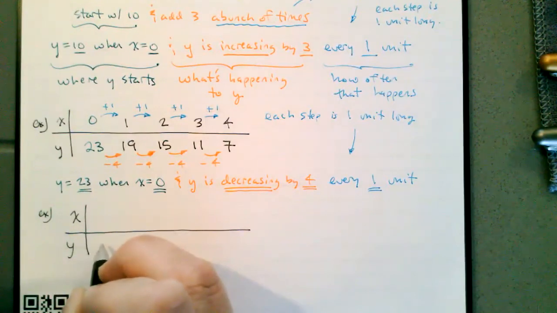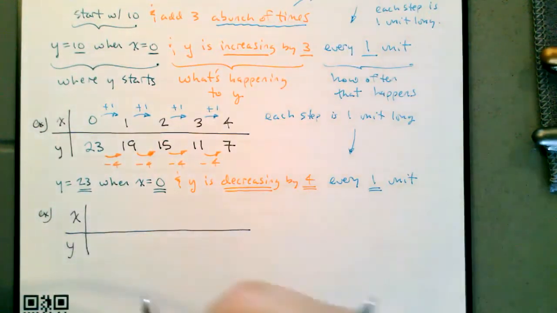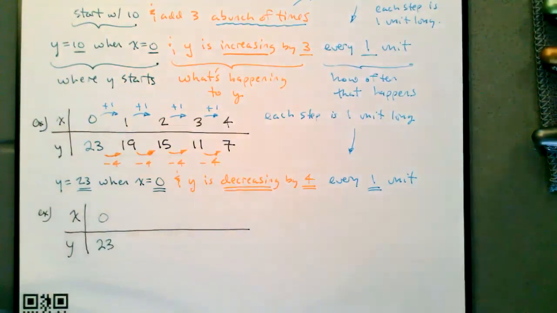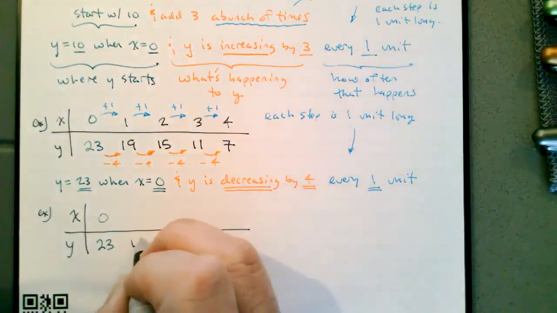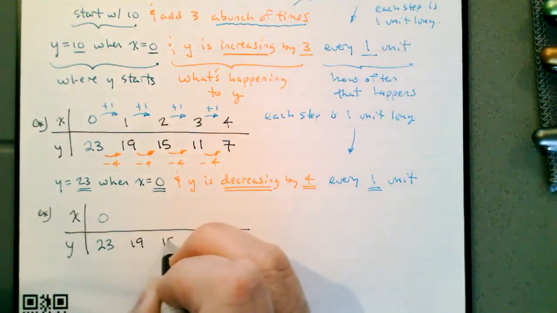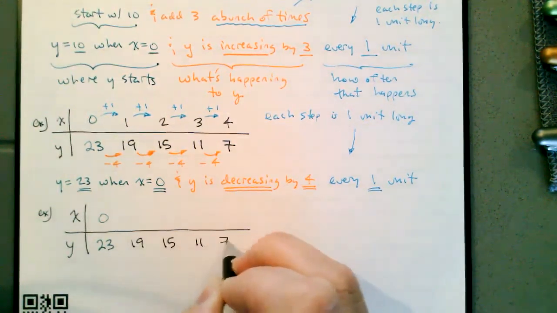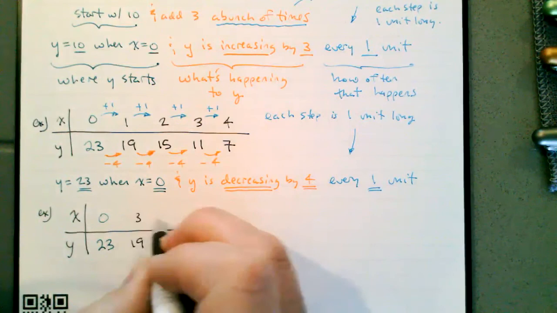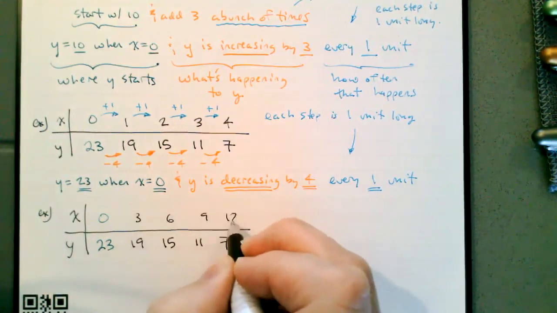I'm going to start at the same place, 0 and 23, and I'm going to use the same decrease. Otherwise, I'd have to subtract a different set of numbers, and I don't think I'd be able to do it. But instead of the step size being 1 unit long, I'm going to count the x's by 3s. So it's going to be 3, 6, 9, and 12.